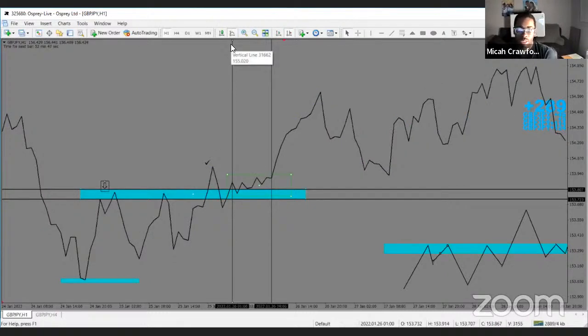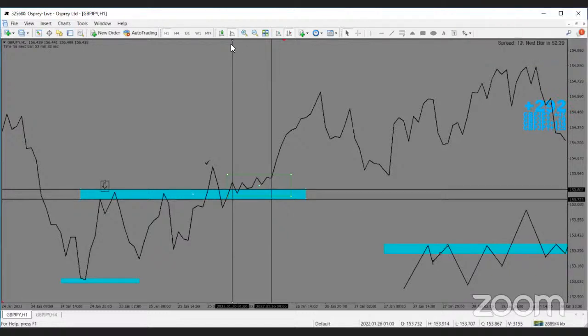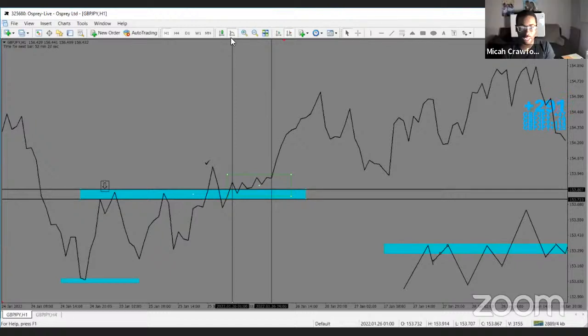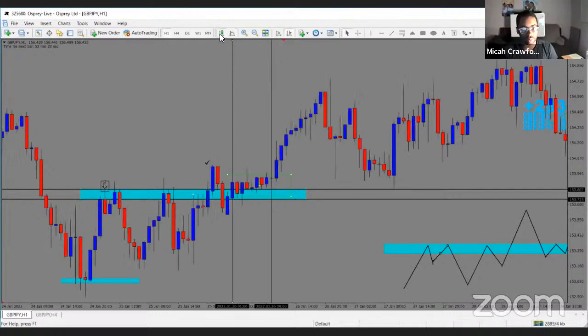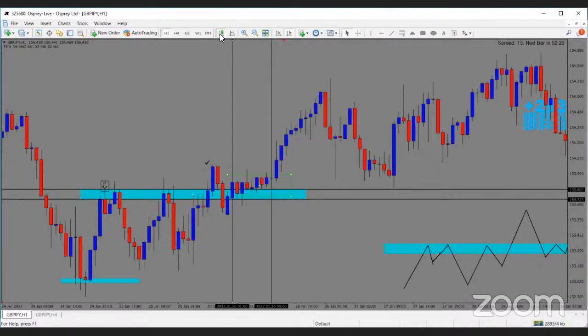Dom, from the call earlier, why do I have you personally using the line chart? What does the line chart show you? It shows you where the market actually closes. Versus the candles that have the wicks, it shows you exhaustion. Right.